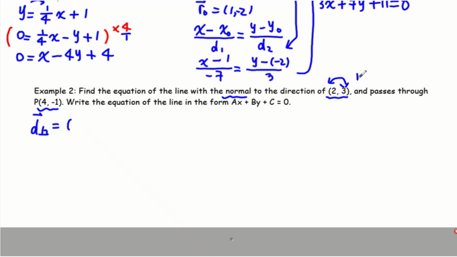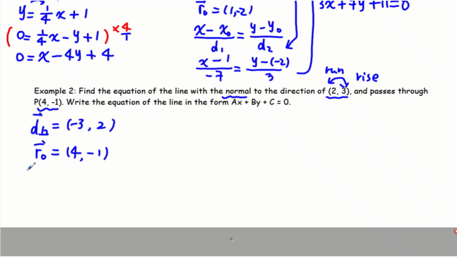So this is a rise, this is run, and we need to flip the rise and run. So 3 and 2 flip and one of them negative. And R0 is 4, negative 1.